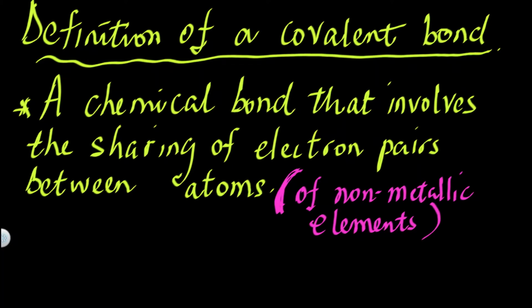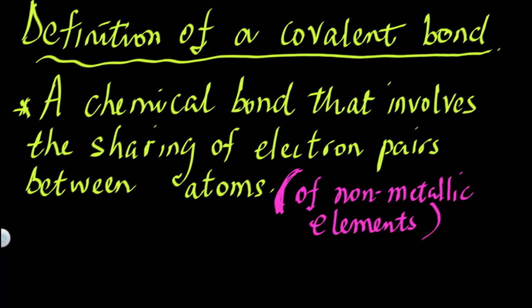So there is an interatomic bond. Two or more atoms are involved in chemical bonding, and these atoms will be sharing electron pairs. It is also important to point out that covalent bonding involves non-metallic elements.